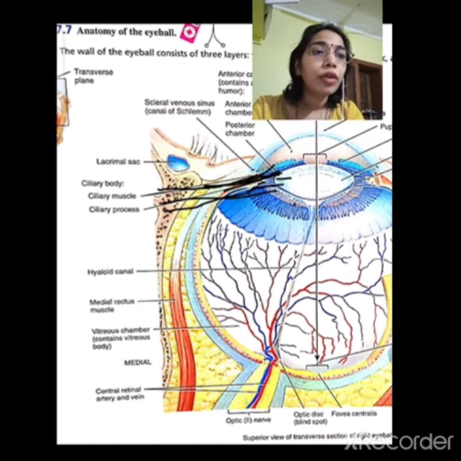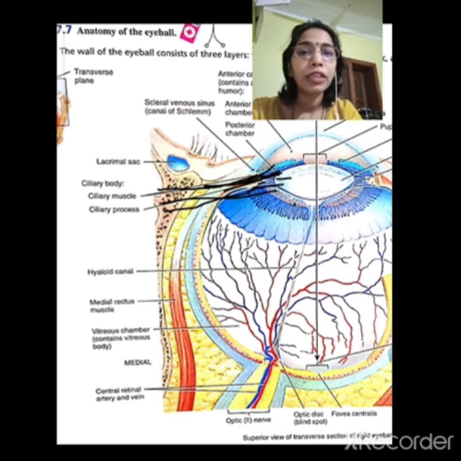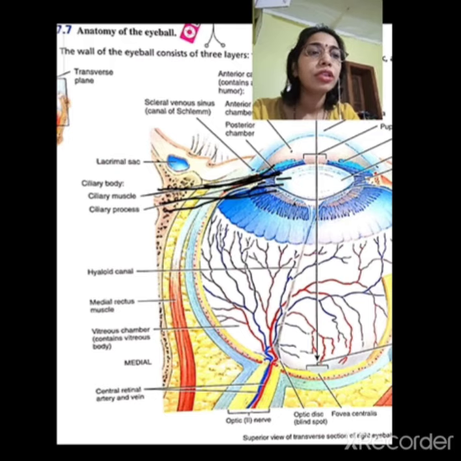It extends from the jagged anterior margin of the retina to a point posterior to the junction of sclera and cornea. Here is the junction of sclera and cornea. So they are present just anterior to the retina.